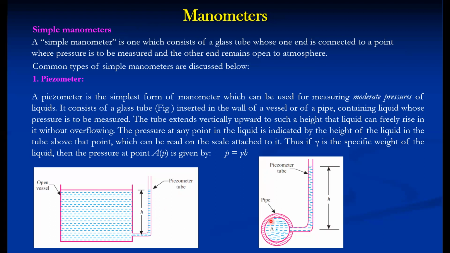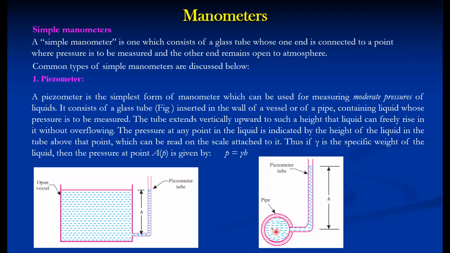has many drawbacks because it cannot be used for measurement of gas pressure, because gas is invisible. If the pipe contains gas, the gas is flowing through this particular pipe. So whatever the gas rises into the tube, we cannot see the level of the gas in the tube, so we cannot use this particular device for measurement of gas pressure.